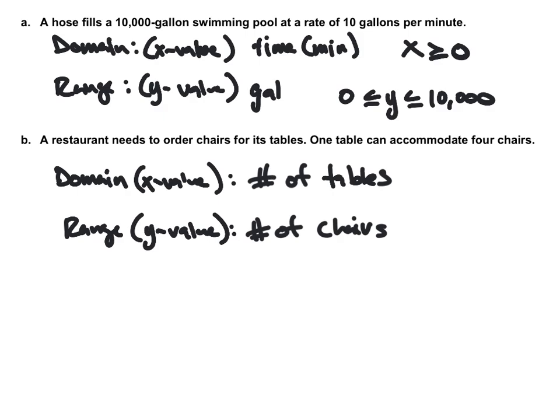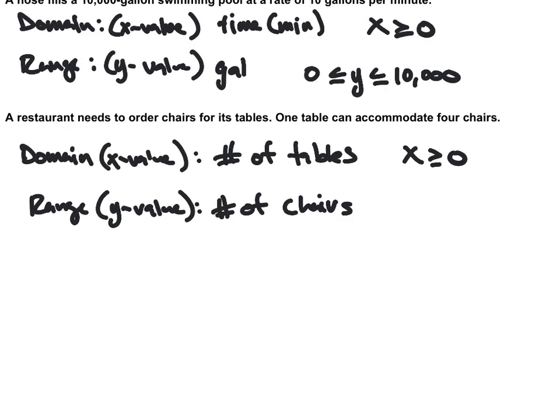Now, here's the thing, is that your domain, your X value still would be greater than or equal to 0, okay? Because if you have 0 tables, you're not going to order any chairs, all right? But let's think about what we would need here for the Y value.